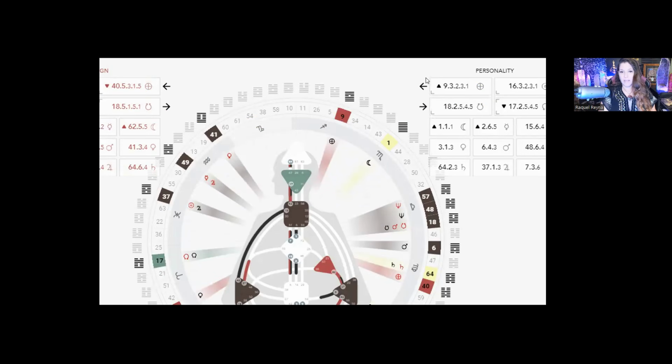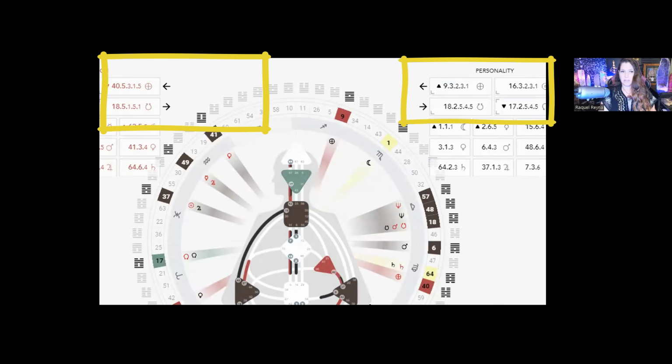The way that it's written is they take the personality, which is the right side of the chart. Typically, this is in black. This is where all the black lines are in the chart. And they say personality P, and then the first arrow, which is left, the second arrow, which is right. So this would be PLR.